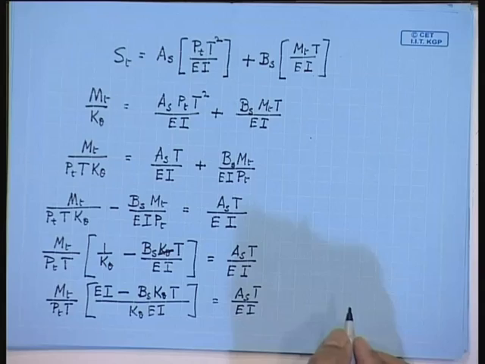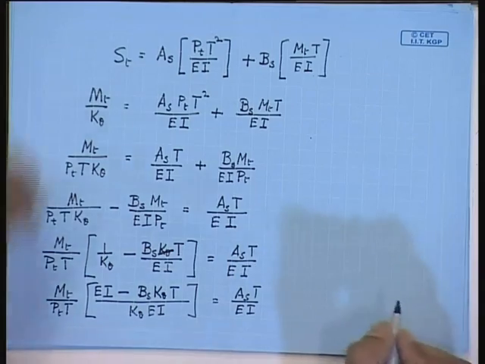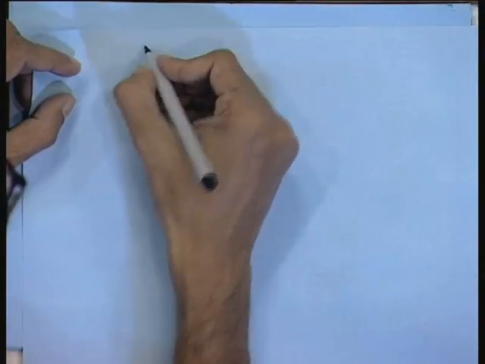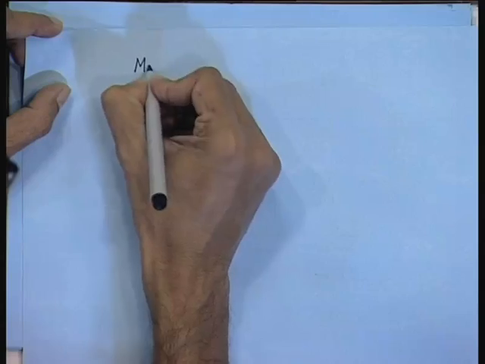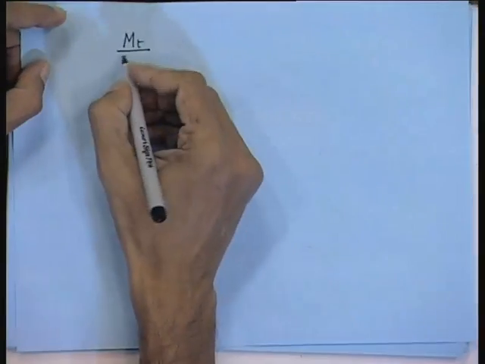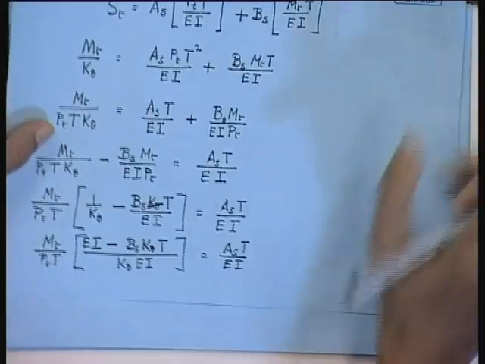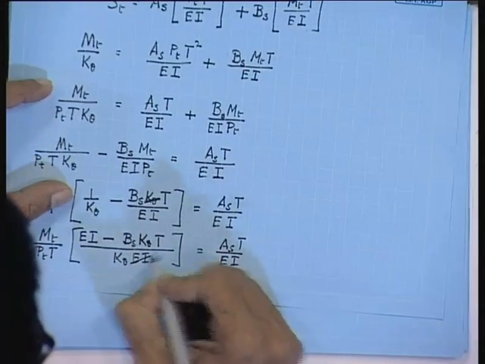So ultimately we have got this. So, what is the equation for MT? This one. So, your EI is going to cancel on both sides.